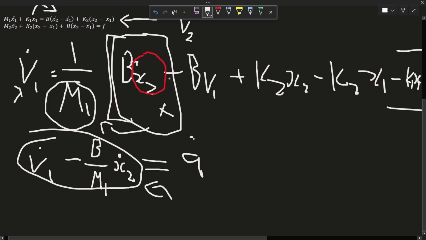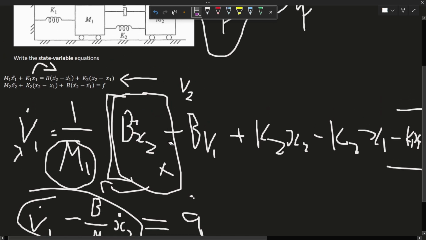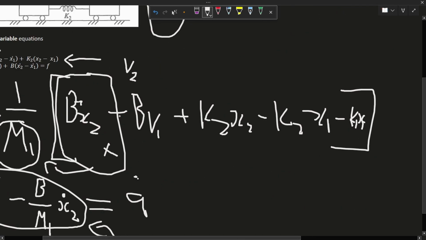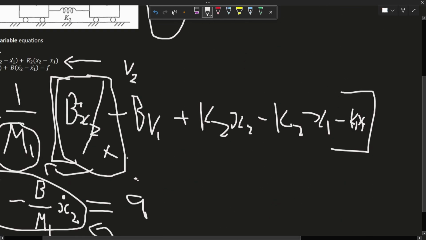Since you brought all this to the other side, q prime is going to be the exact same thing, except you're ignoring this because we brought it to the other side, right?